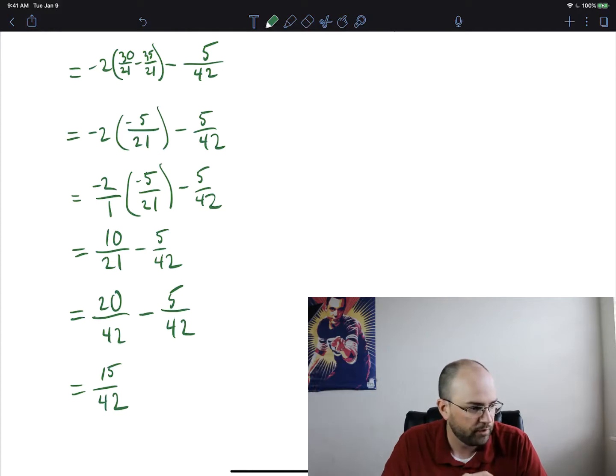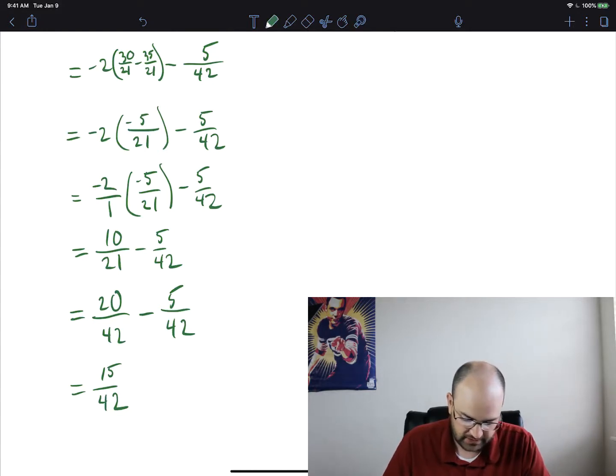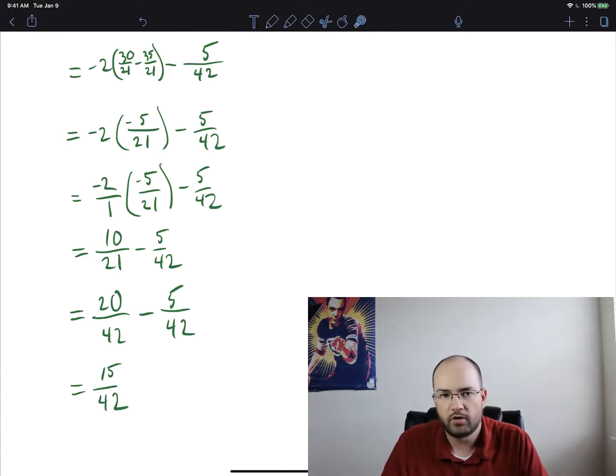And they're actually both divisible by 3. The reason that I know that, to see if something is divisible by 3, just add up all of the digits. 1 plus 5 gives us 6. Is 6 divisible by 3? Yes, it is. How about 4 plus 2? That's 6. Is 6 divisible by 3?